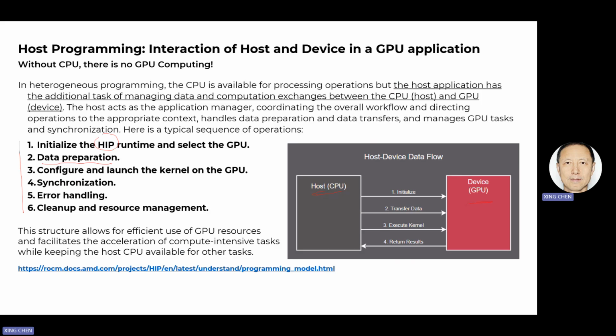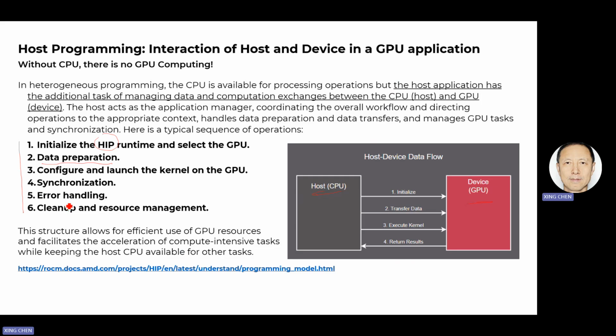And then you need to call the kernel function on the GPU to launch the execution of the kernel. And this is the responsibility of the CPU. It's going to help the GPU to do that. And then the CPU also needs to do the synchronization. For example, if you have multiple GPUs in your server, you need to do the synchronization.